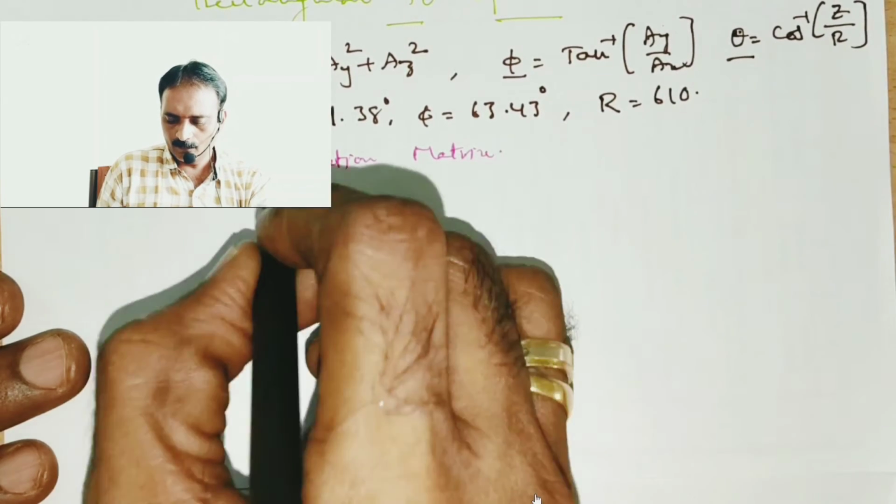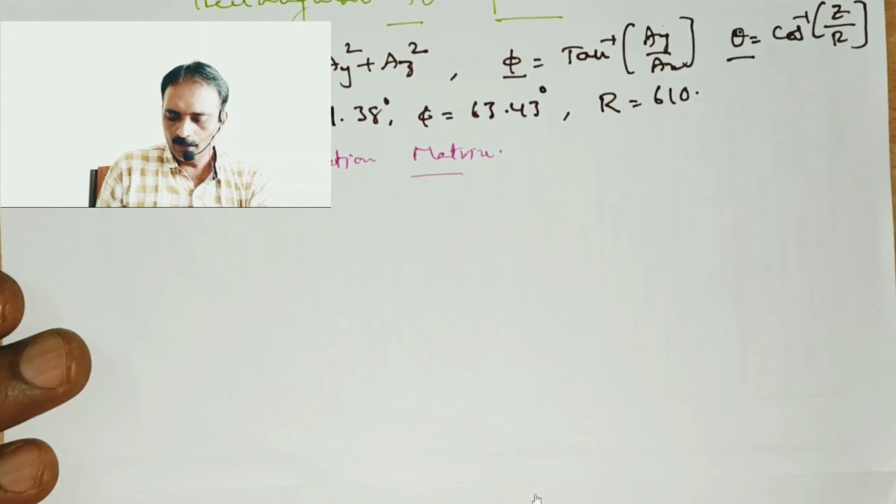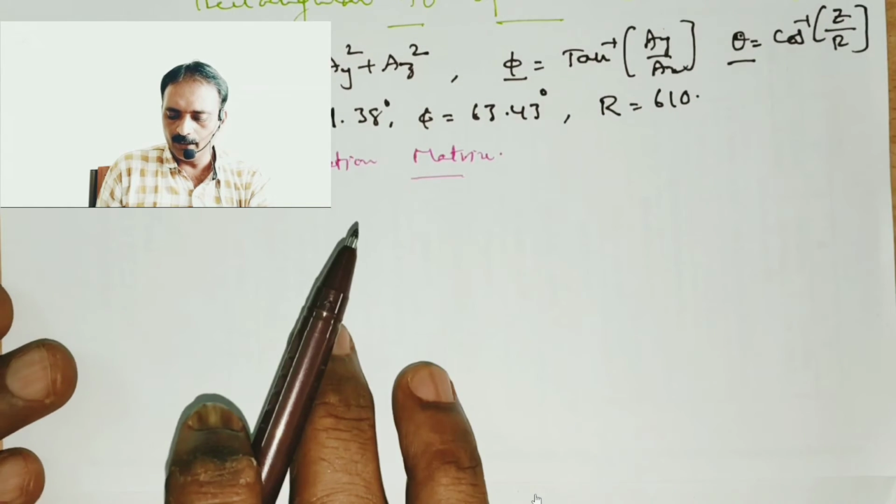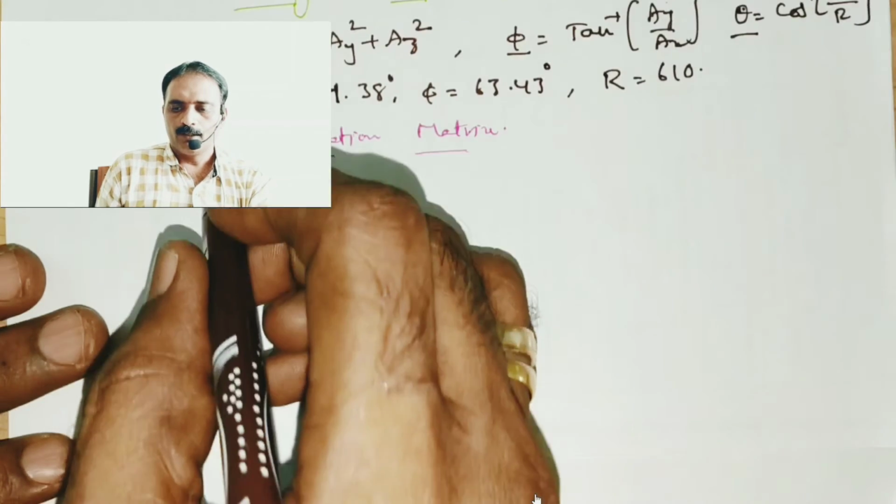So here I am writing down directly because these things have been explained earlier. Ar, A theta, A phi.